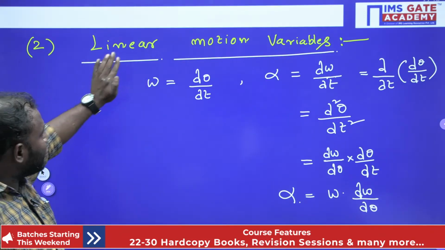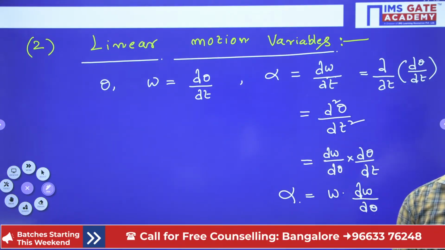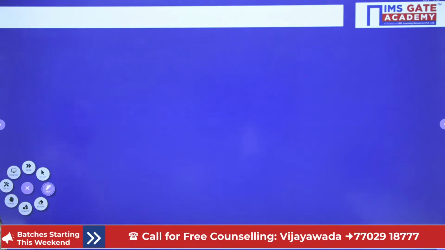Now by using these relations, we are going to study the linear motion variables. First of all, the first linear motion variable is linear displacement.